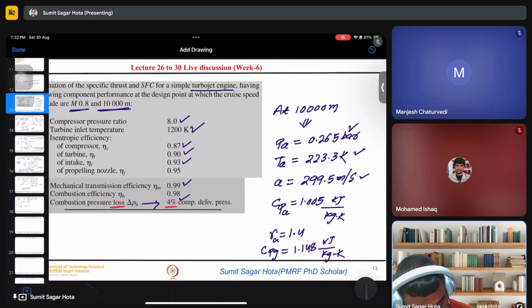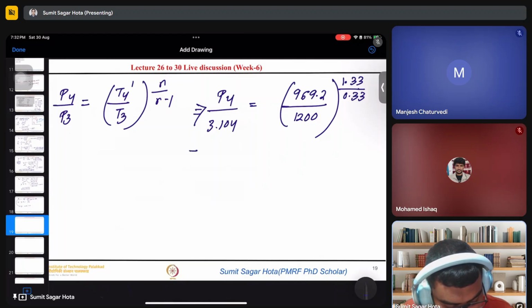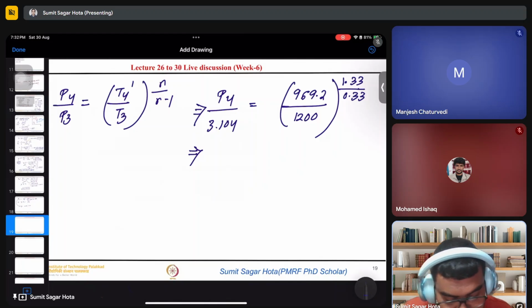What is the monoatomic gas gamma value? 1.33. So gamma g we need to take as 1.33. These are very small things, but if you remember, it will be easy in your exam, because they are not going to give all these values, like what is gamma g. So you should remember. Now it's in the compressor.